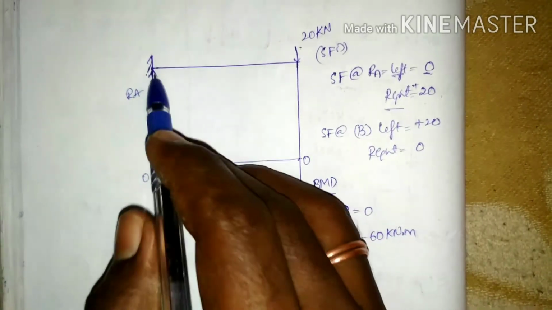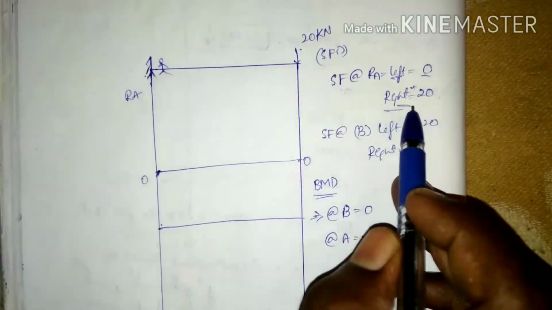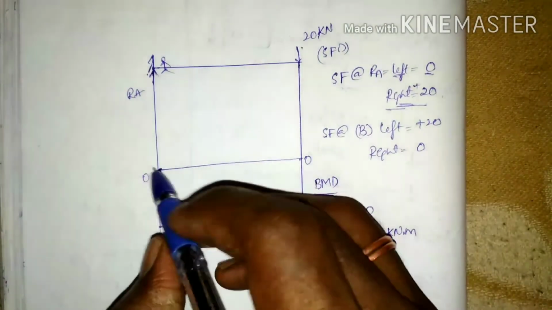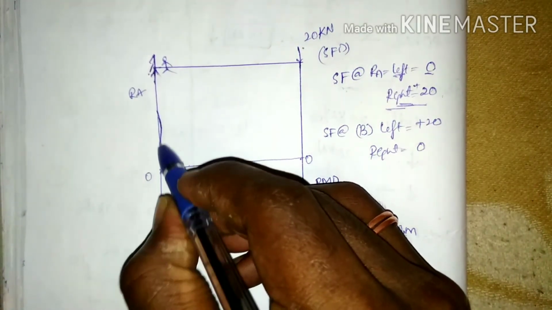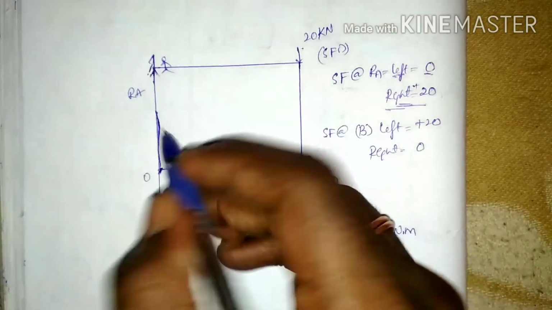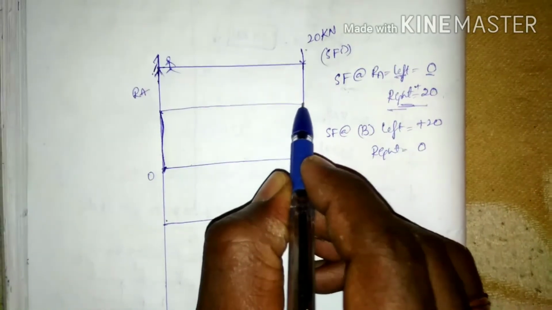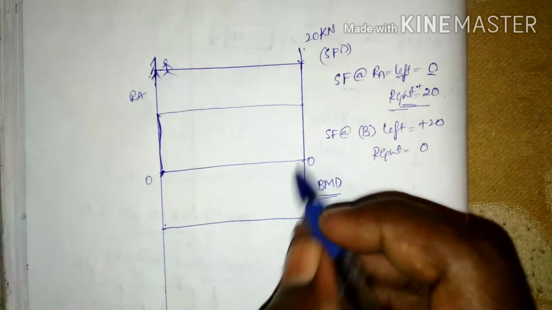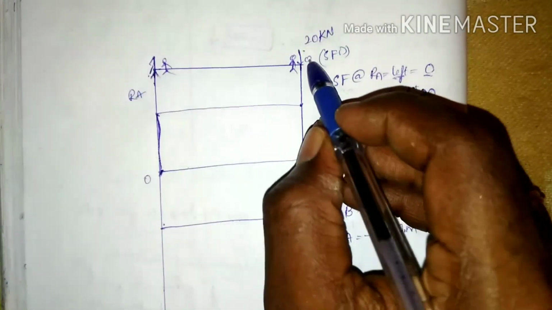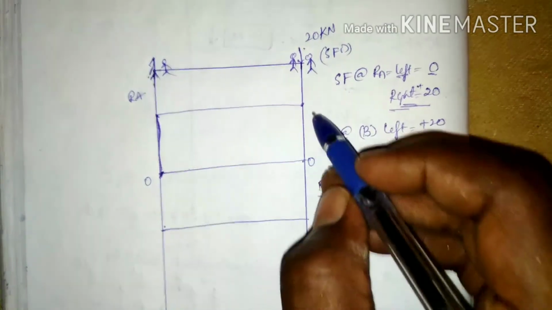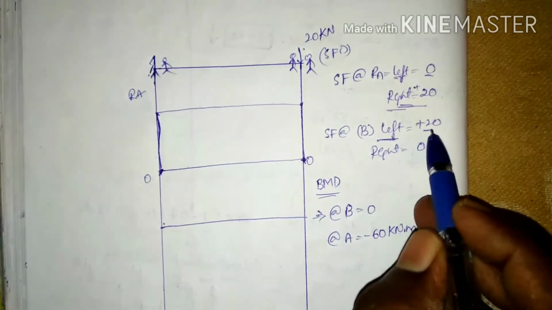After moving right, I find plus 20 kilonewton, that is RA. I go straight along the positive Y axis, moving straight up to the load, and after the load I get 0. At the left it is positive 20.